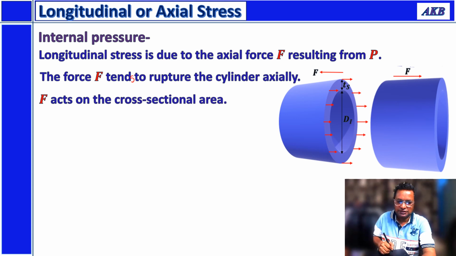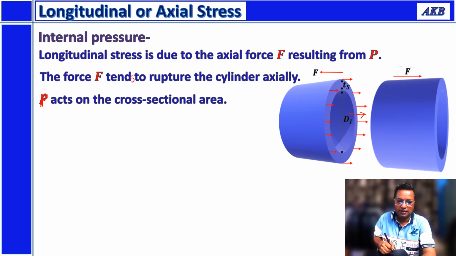Now in this case, pressure P is acting, and the area available for pressure P for its action will be the cross-sectional area. So you can understand pressure P is acting in this direction, and the entire cross-sectional area of the cylinder will be available for its action.